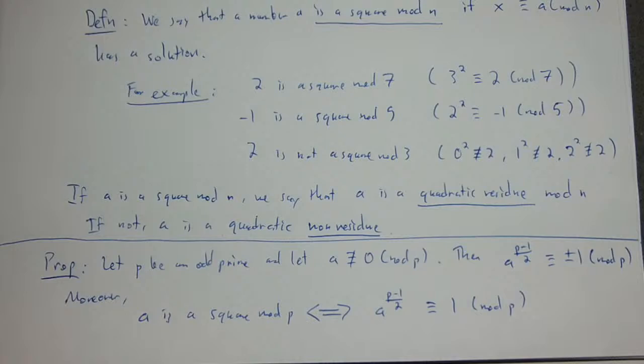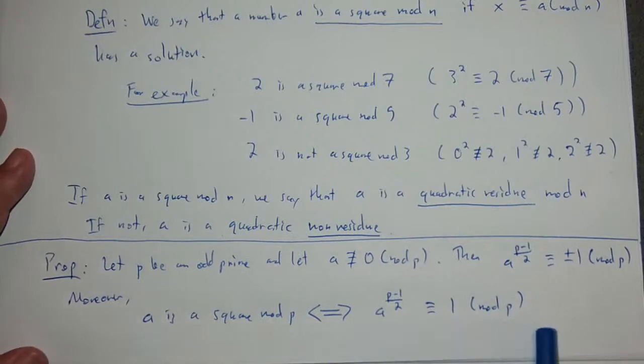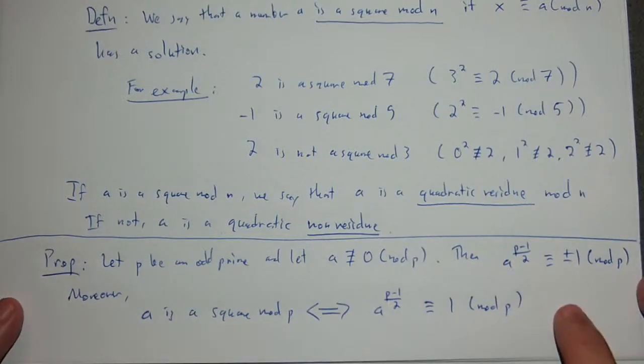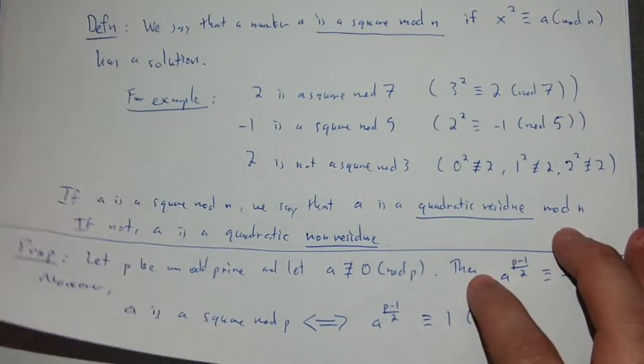So it's always true that a to the (p minus 1) over 2 is congruent to either plus or minus 1 mod p. But the case when a is a square mod p happens exactly when a to the (p minus 1) over 2 is congruent to 1 mod p. Okay, so let's prove this.